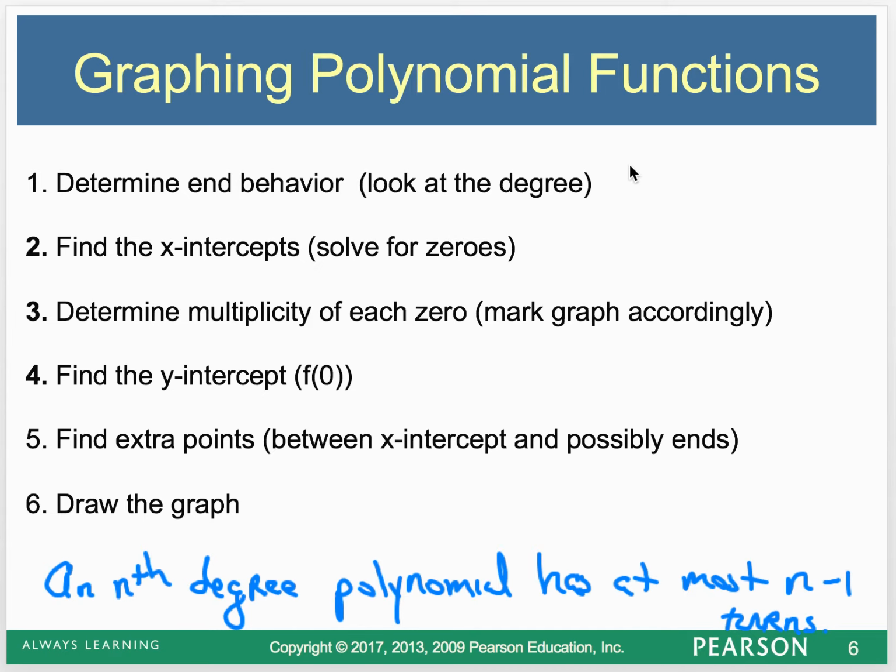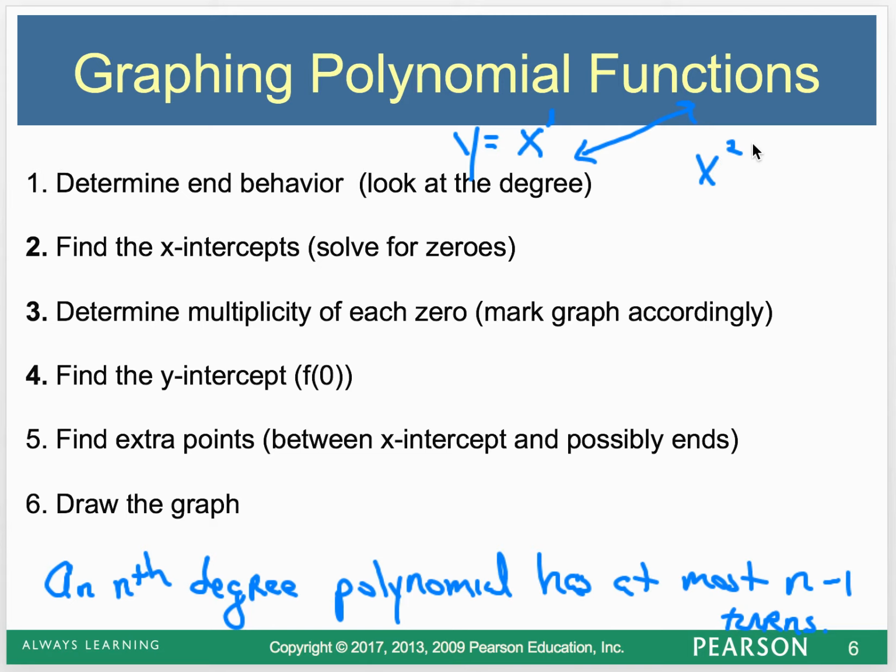All right, so think about this. Let's even just go back to a first degree polynomial function, right? This is a first degree, so n minus 1 is 0, it has no turns, and we know that the graphs of these linear functions are lines. Think about a quadratic, okay?